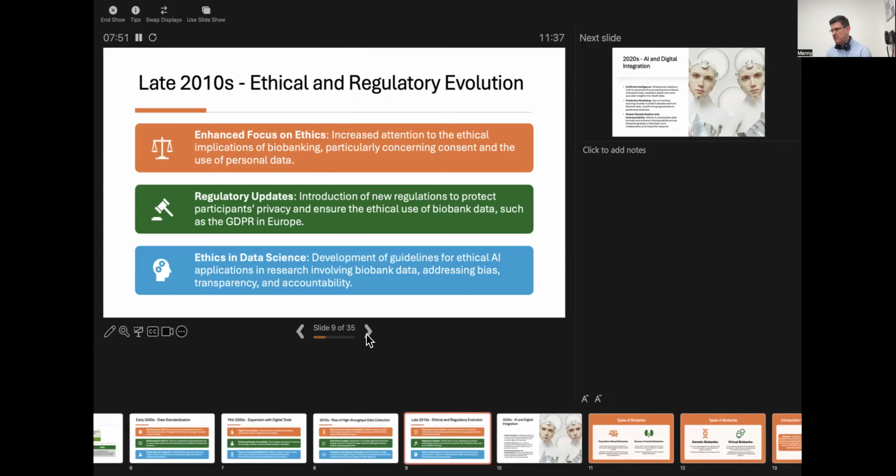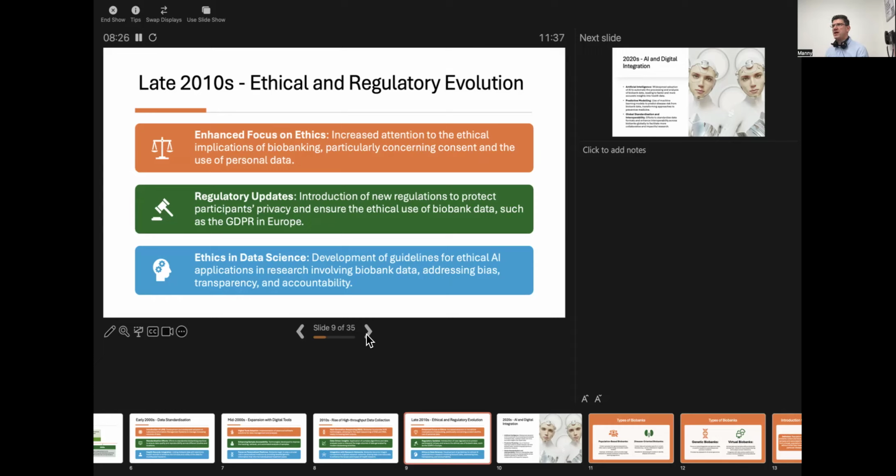As this is developing, there's increased attention on the ethical implications of biobanking, because as data volumes are being produced, like what you've seen in AI, there are biases, and you will be able to model better the use cases that reflect the underlying data you're using.